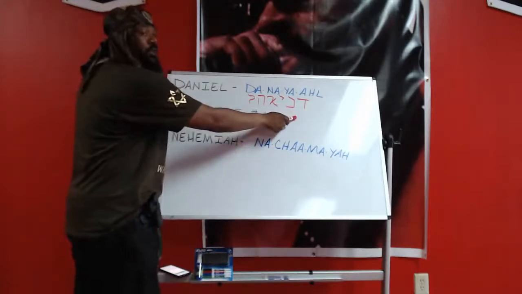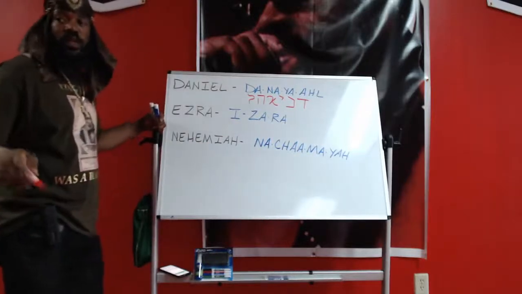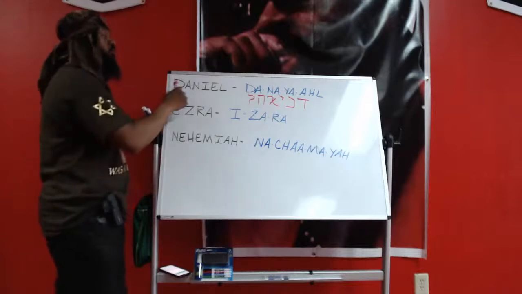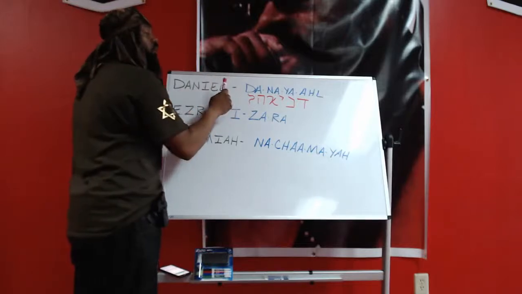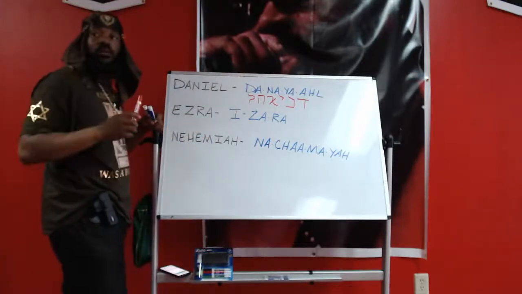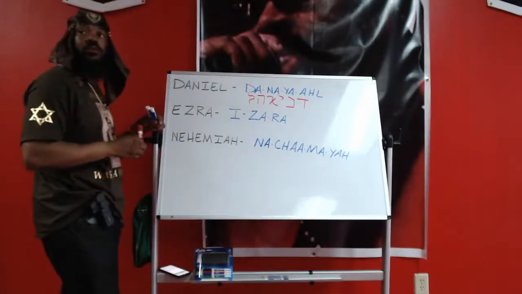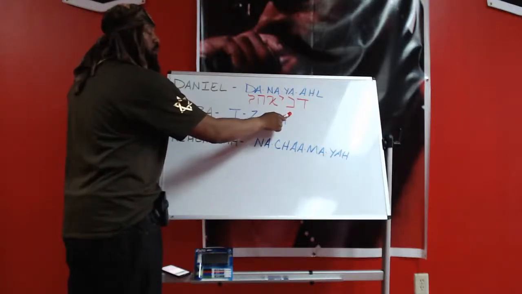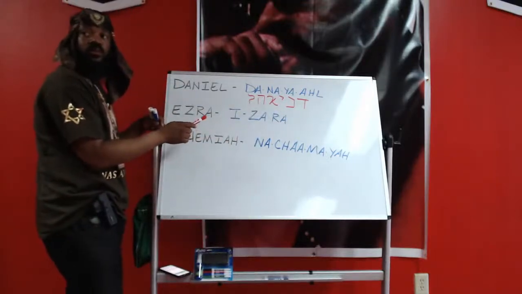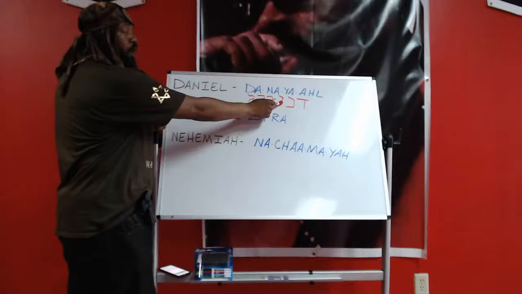Then the next one, Ka. Hold on, take a look at the notes. So we have Da, then we have Ya. That's right.